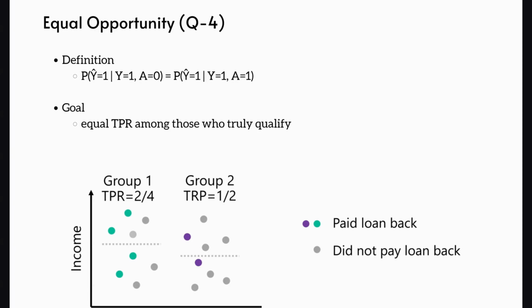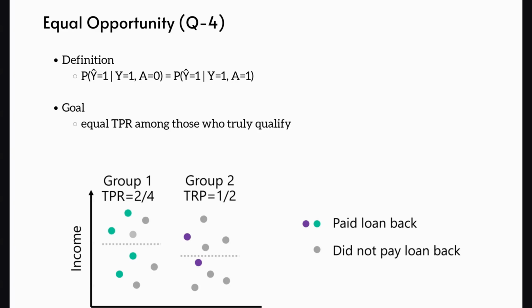For example, if group one has a TPR of 50%, group two should also have 50% for the deserving candidates only. It does not take into account the undeserving candidates. So even if this line was up here, the TPRs would still be half and still eligible.